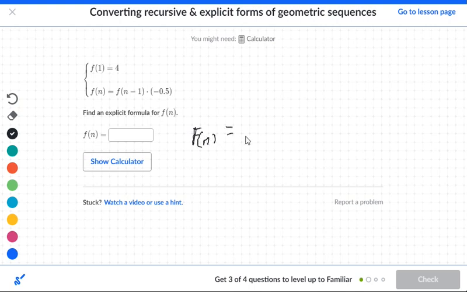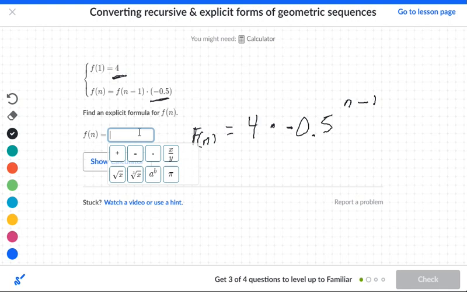So f of n is equal to the very first term. So the very first term is 4. This is our rule here. So we want to go ahead and times by a negative 0.5. So that's what we're timesing by. And then we always want to finish with the n minus 1 as the exponent.